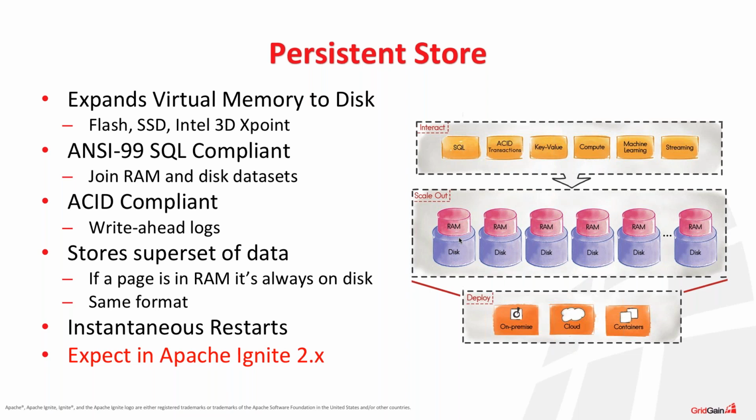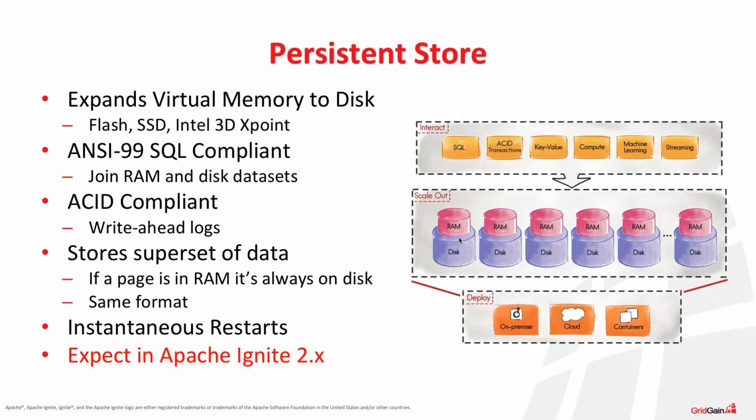The scenario when the data is located in RAM but is not located on disk is not possible with Ignite's virtual memory architecture. So the disk is always a superset of the data you have in RAM. But at the same time, the pages stored in RAM and on disk are stored in the same format, which avoids complex serialization and deserialization between RAM and disk.